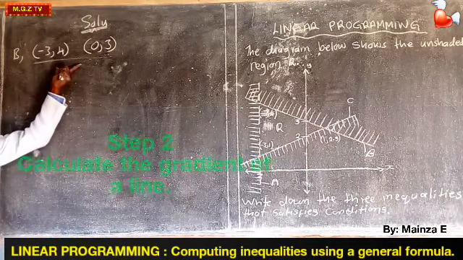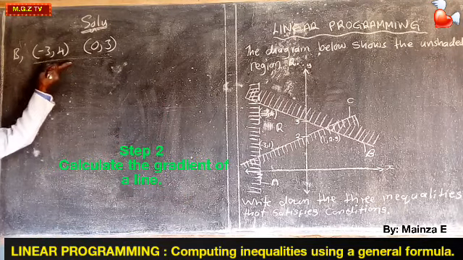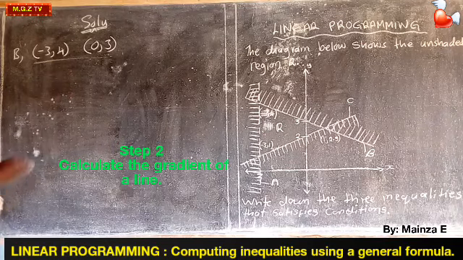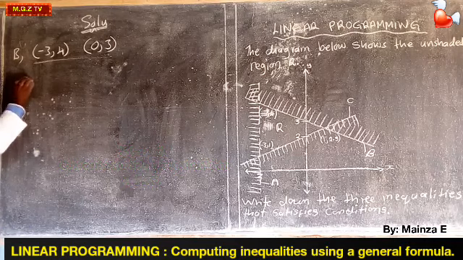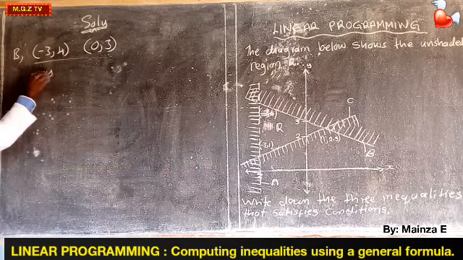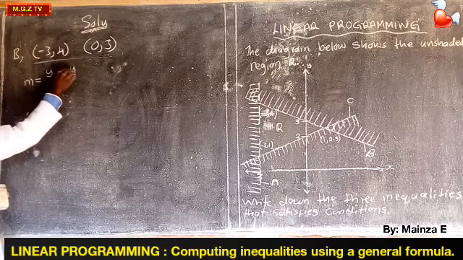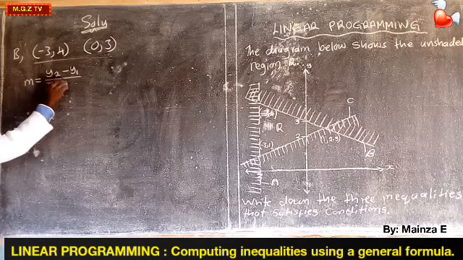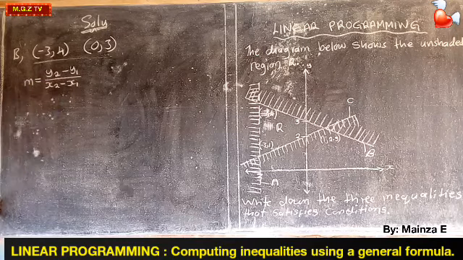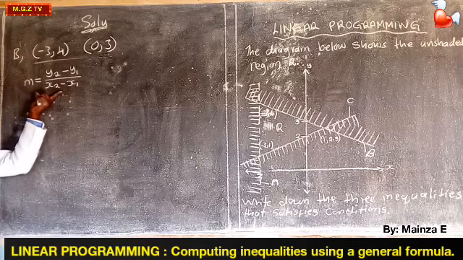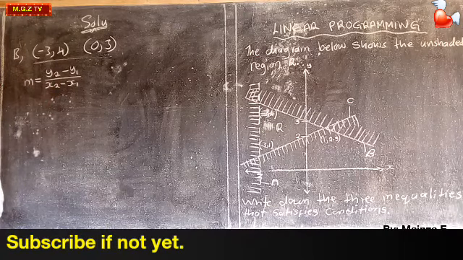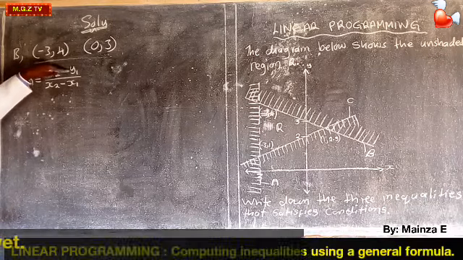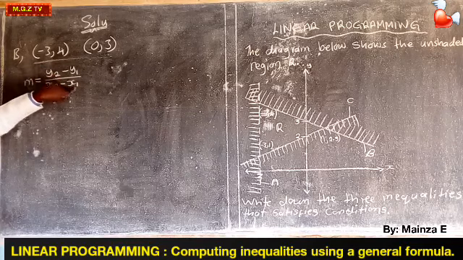So first step is done. Second step is to come up with the gradient. And the gradient, the formula is m equals y2 minus y1 over x2 minus x1. So this is the formula for finding gradient. So now, in our formula, we have y2 and y1, x2 and x1.